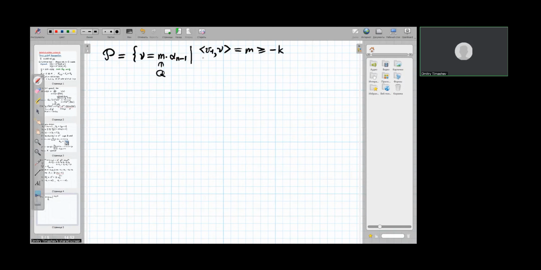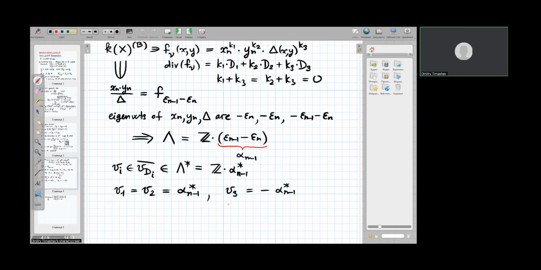The second inequality is about V2. So the pairing of V2 with nu is still m, because V2 and V1 are one and the same vector. But now the inequality is that it is greater or equal than minus L, the multiplicity of D2 in the divisor of the section S0. And the third vector, V3, has a pairing with nu which is now minus m, because V3 is minus alpha n minus 1 star.